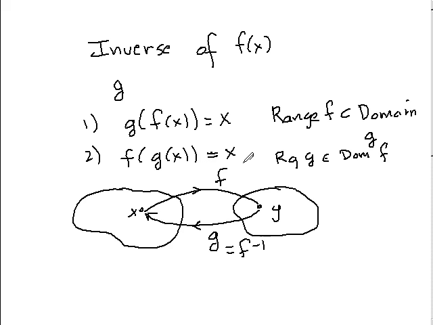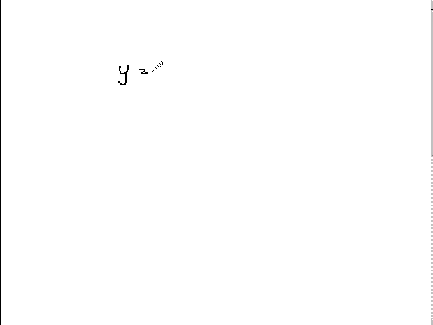Now, how do you calculate the inverse of f of x? Well, for simple functions, you can just solve it by the following. So if you have, say, y equals x squared plus 1, and this is f of x, what is the inverse?